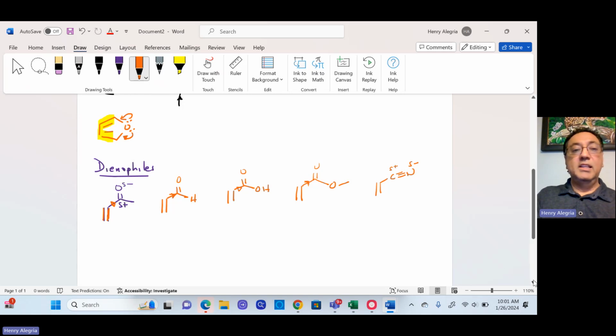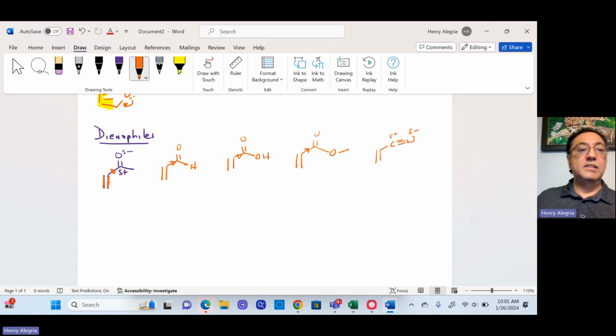Now, just like in the case of the dienes, if one of these makes the dienophile electron poor, then clearly having two of them would be even better. So I could, for example, have two carbonyls in the form of aldehydes like that, or two nitriles like that, and that would work. If I could have two esters, and I'll just draw the esters like that for short, then clearly that would also work.